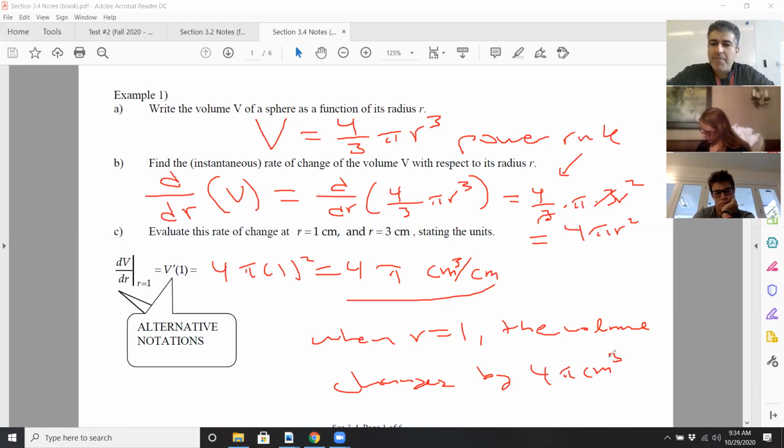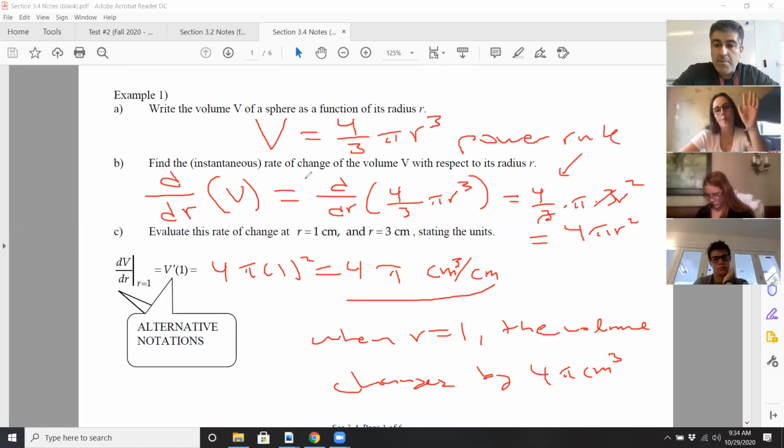And of course, we notice the expansion gets faster as it gets bigger. The expansion is not consistent. If I'm blowing into it, it's kind of slow, then as it gets bigger, it starts increasing. And my son gets really excited when he sees that. But when the radius gets even bigger, hold on, Catherine.